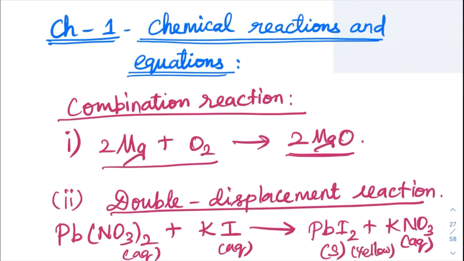And the color of the precipitate is yellow. Right. So for balancing, what should we do? We should write 2 KNO3, here 2 KI. That's it. The name of the precipitate formed is lead iodide, formula PbI2, and the color is yellow. And this is an example for double displacement reaction.